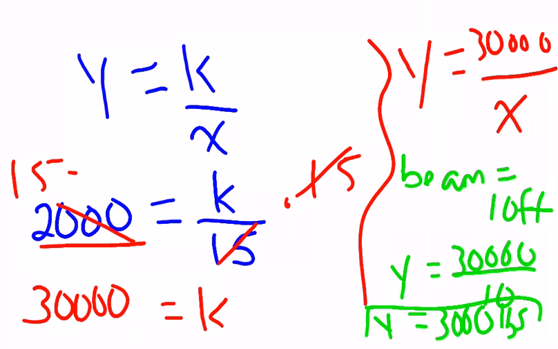The reason for this is it allows us to look at the variables and how they are interacting with each other, and then be able to just plug in numbers if I have different beams or different loads that I have to calculate. It makes it much faster.